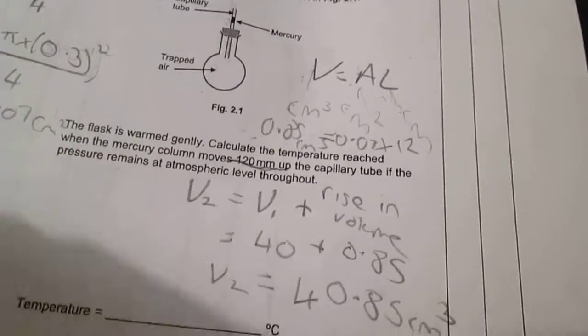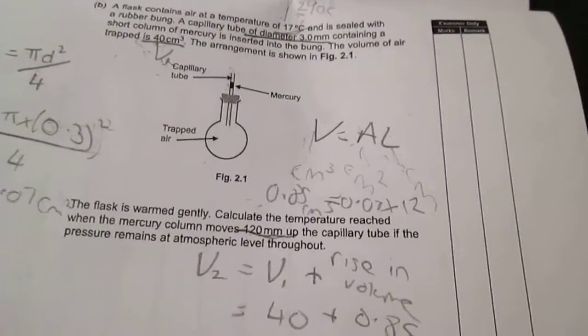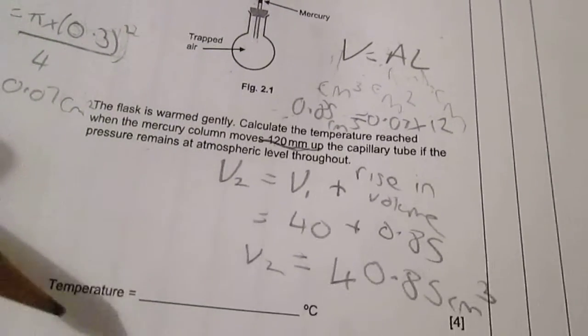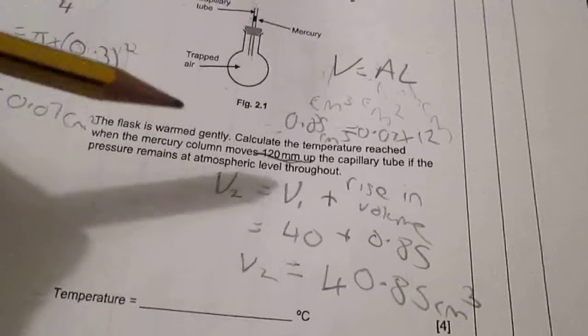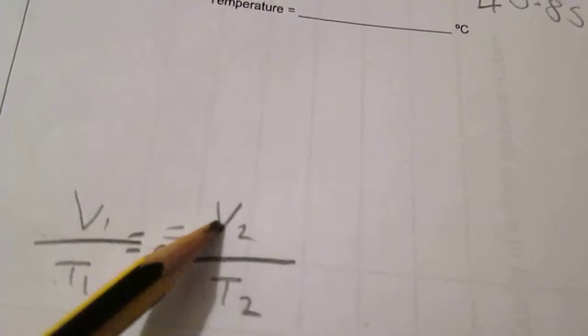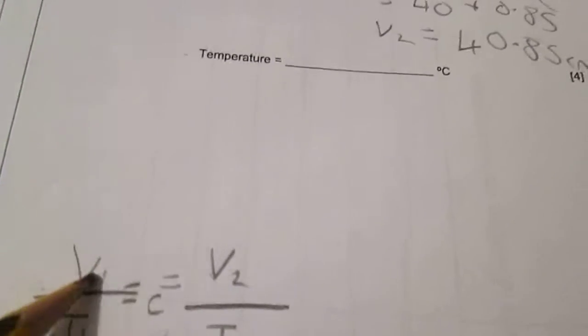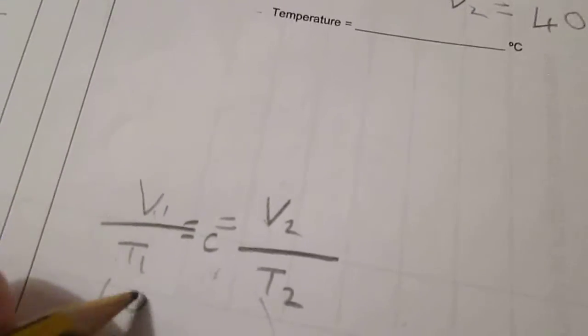So I now already have achieved some marks for calculating V2, but that's not what it wants us to find. It wants us to find the temperature. The equation that links both volume and temperature is this one: V1 divided by T1 is equal to a constant, and that same constant is equal to V2 divided by T2. They've given us V1, 40, so I'm going to put that in.